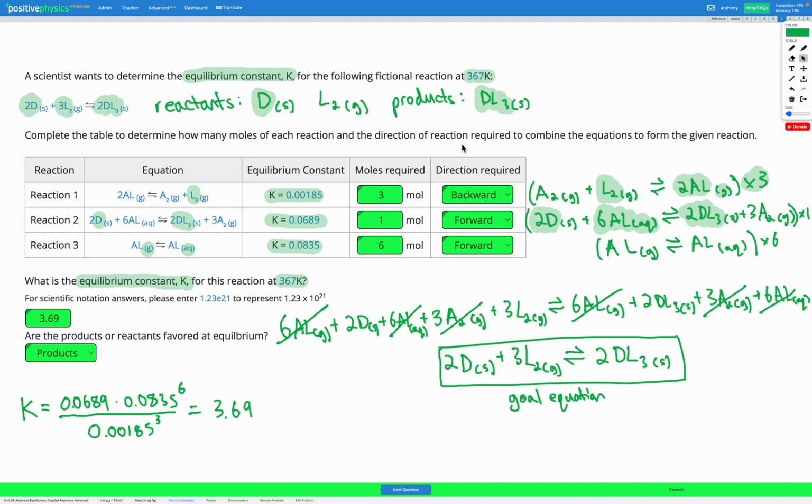Once we've figured out the moles and direction required for each step, we can combine the equilibrium constants for those steps to calculate the overall equilibrium constant of the goal reaction. Any reaction steps that are in the forwards direction, those equilibrium constants are going to be the top of our fraction. Any reaction steps that are backwards, those equilibrium constants are going to be on the bottom. Those equilibrium constants also need to be to the power of the number of moles required for each of those reactions.